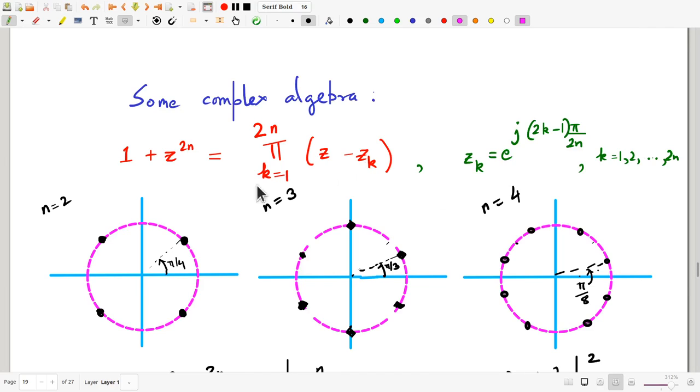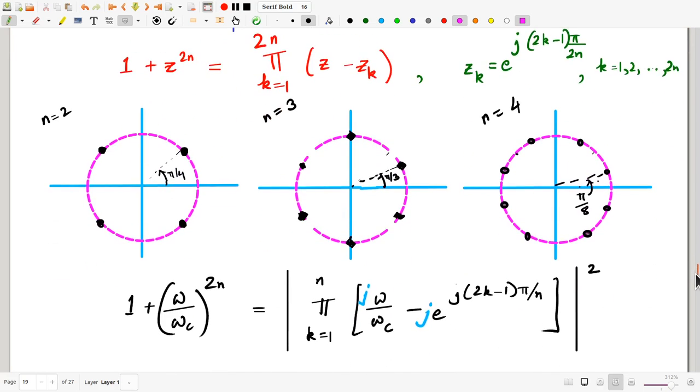Remember, this quantity that you're looking at, which is the denominator of g omega, is a modular square of something. Because of these complex conjugate pairs, it's very easy to see that 1 plus omega by omega c to the 2n can be seen as the mod square of half of these z minus zk factors.